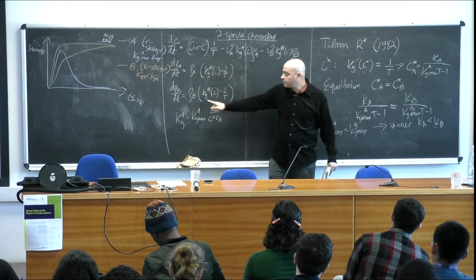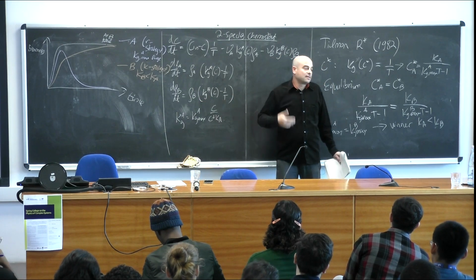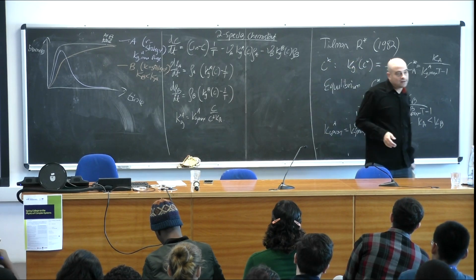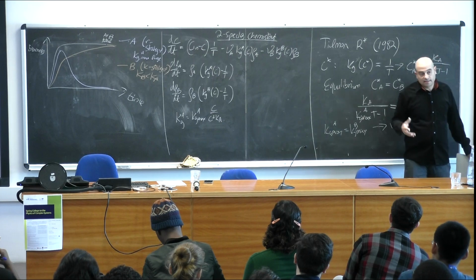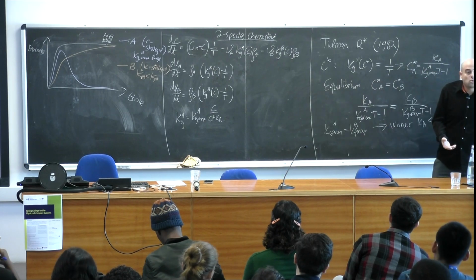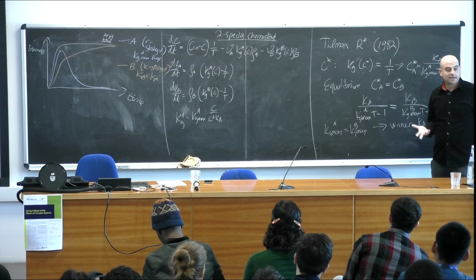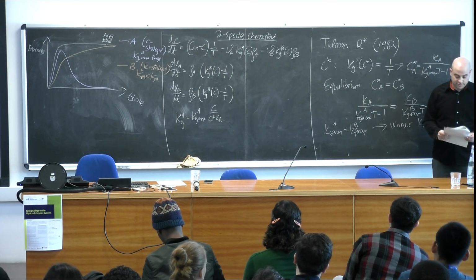So this is the washout scenario where we take out the species faster than they can reproduce, and then they wash out. And what this Tillman R-star theory shows is this situation where one species gets washed out and the other doesn't, okay? So it will dominate the system, and this is the equilibrium.